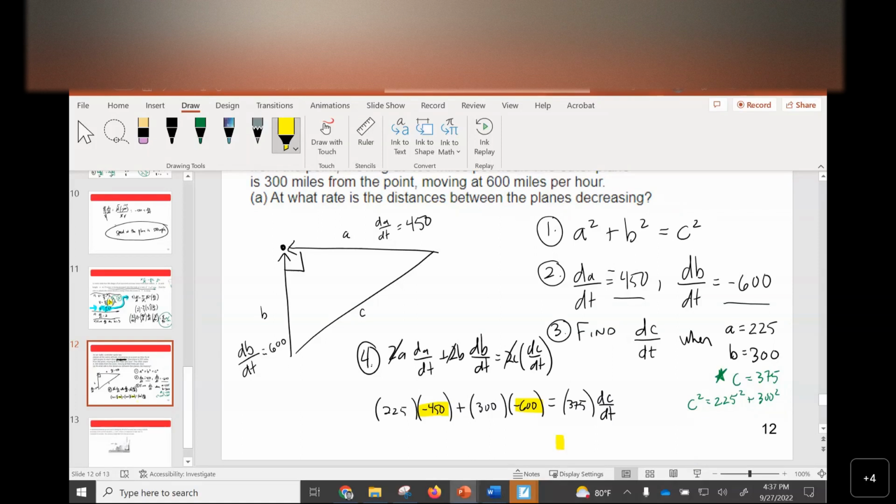Which is different than your guys' answer. So let me know if you have a question or if you don't like something up here. I'm dividing both sides by 375 in the end, and that's how I get my 750 number.